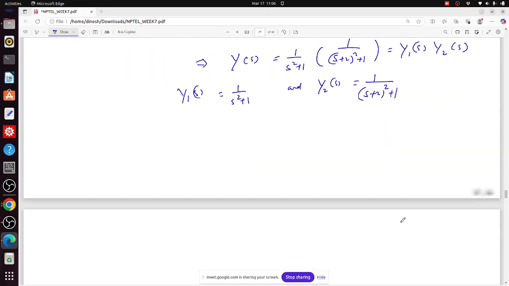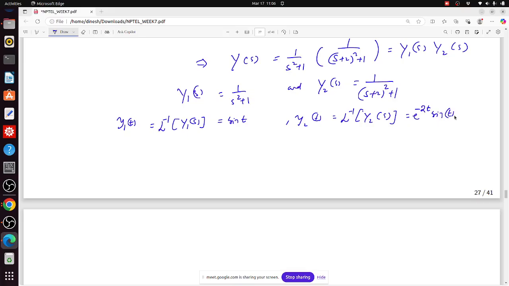So the inverse Laplace transforms of these functions are, let's say, y1(t) equal to the inverse Laplace transform of Y1(s), which is sin t, and y2(t) equal to the inverse Laplace transform of Y2(s), which is e power minus 2t sin t.